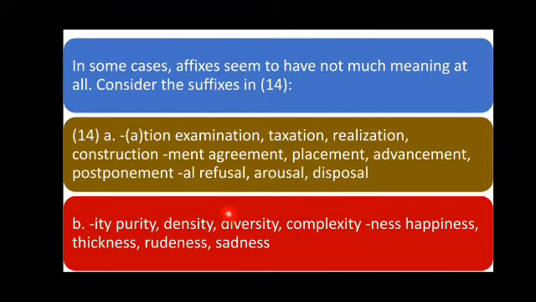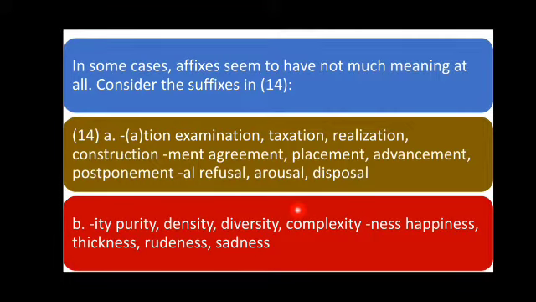Diverse is an adjective, and when we add ity, diversity, it becomes a noun. Complex is an adjective and complexity is a noun. And with ness, happy is an adjective and happiness is a noun. Thick is an adjective and thickness is a noun. Rude is an adjective and rudeness is a noun. Sad is an adjective and sadness is a noun.